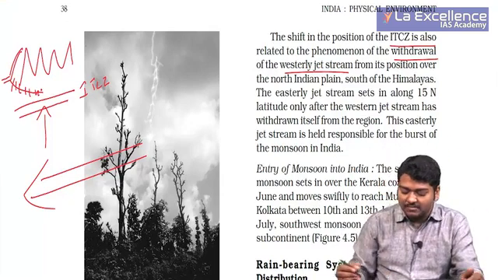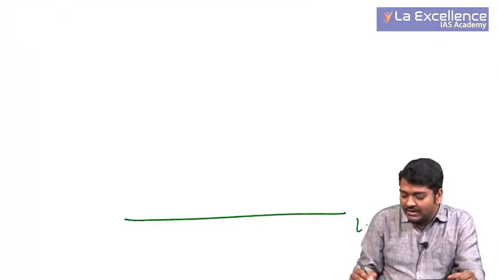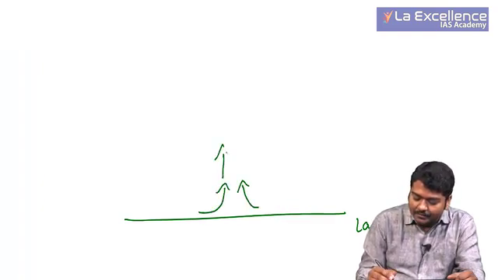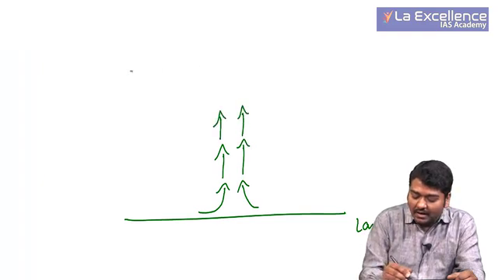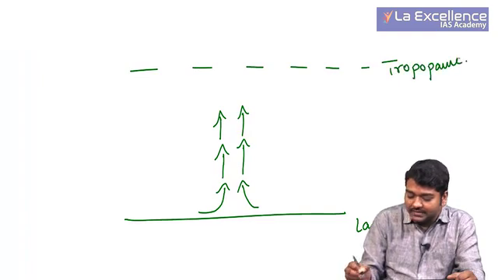So let me just explain this. If I am talking about the land surface, you know that the winds start rising, and as the winds start rising, they hit the tropopause.